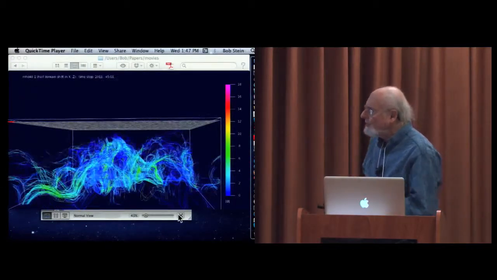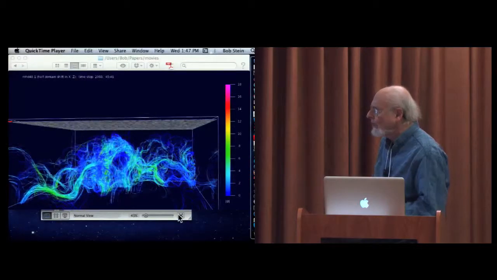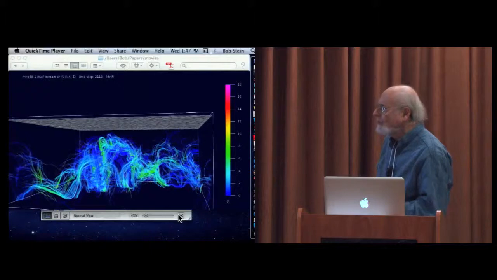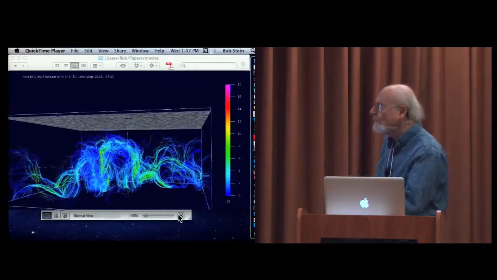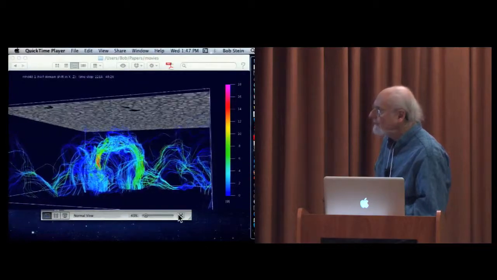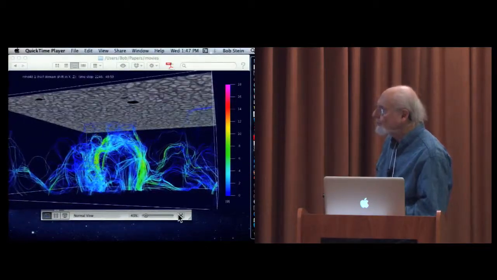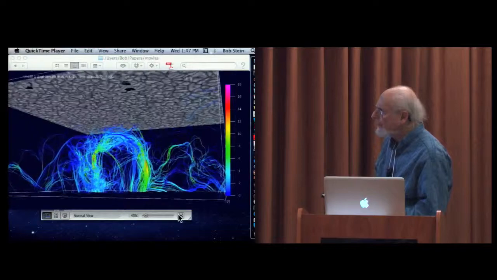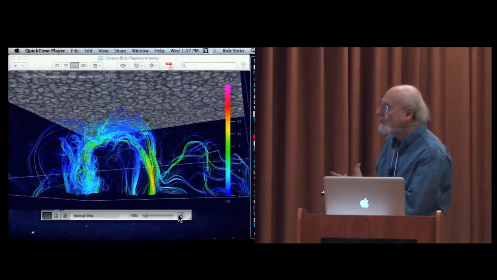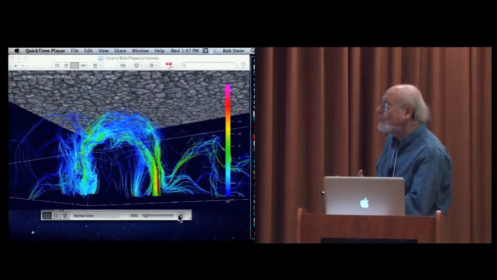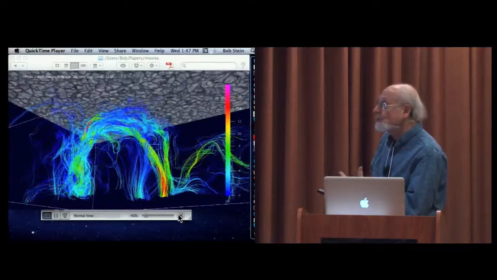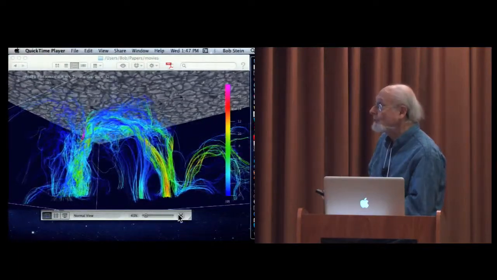And even though these individual field lines are jumping around, what you can see is the overall structure, these serpentine loop patterns where the downflows have pinned down the field, the upflows have brought the field up to the surface, and the convection has also shredded this large-scale field into these small filaments, which when they come up through the surface is what produces this small-scale pepper and salt pattern of opposite polarities.